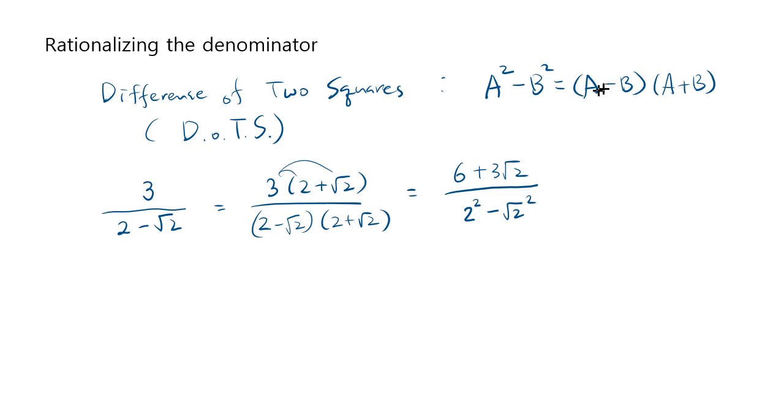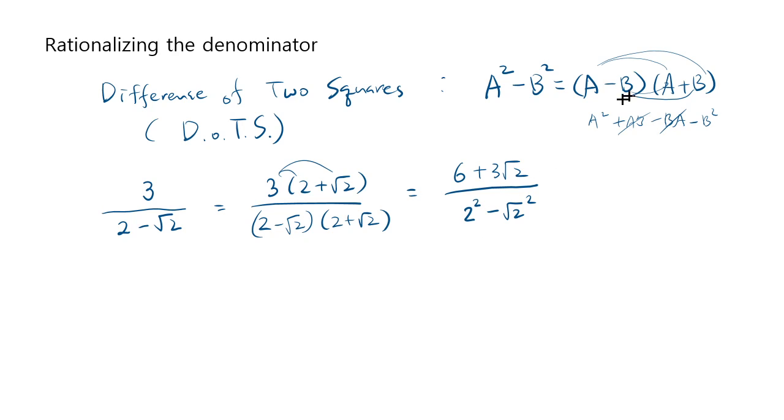And if you're curious to know why this is true, then you can just FOIL this out and you'll see that the cross term will cancel. A times a will be a squared, a times b will be plus ab, and then minus ba minus b squared, and then ab minus ba, they're the same thing, so they cancel and you end up with a squared minus b squared.